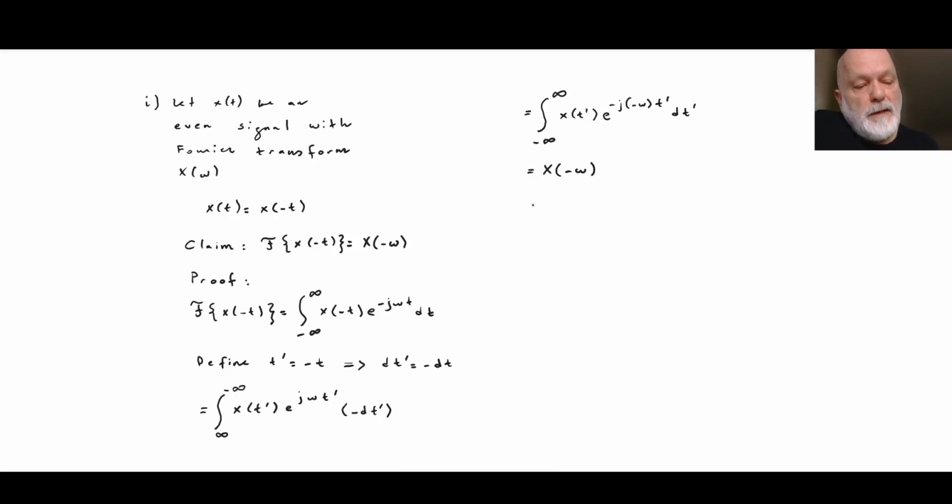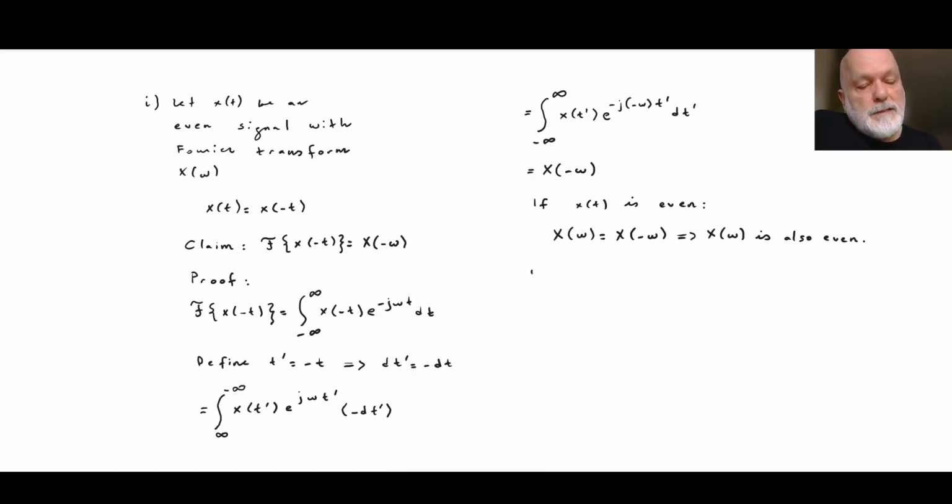So if x of t is even, X of omega is equal to X of minus omega. So X of omega is also even. So for an even signal, the Fourier transform of the signal is also even.